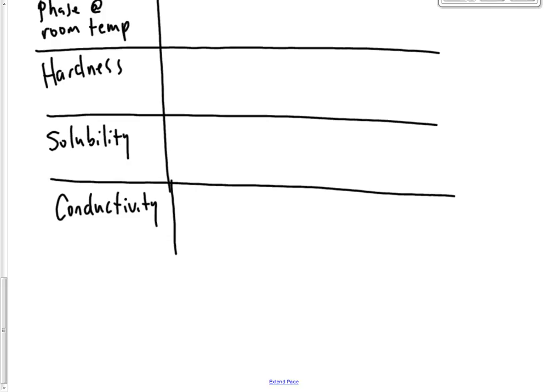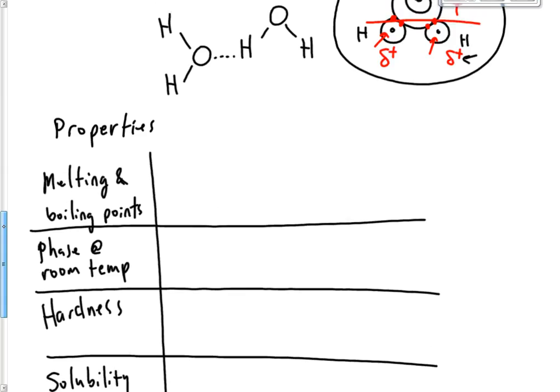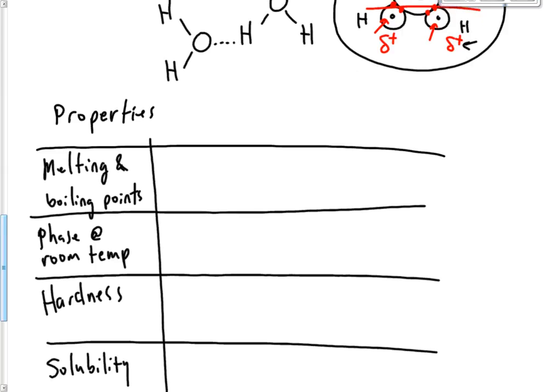If we go back up, we're talking about ionic compounds first. Ionic compounds are going to have a relatively high boiling point and melting point.